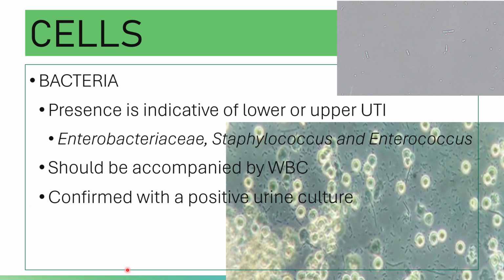These contaminating bacteria can multiply rapidly in samples that are not preserved, in samples that remain at room temperature for an extended time. And they have no clinical significance. If contaminant bacteria are seen, of course, they do not have clinical significance.